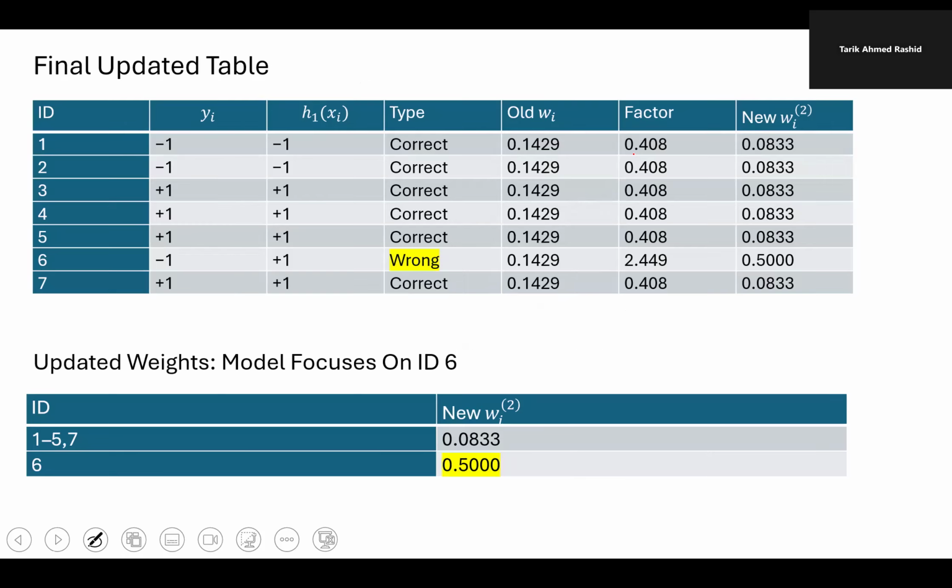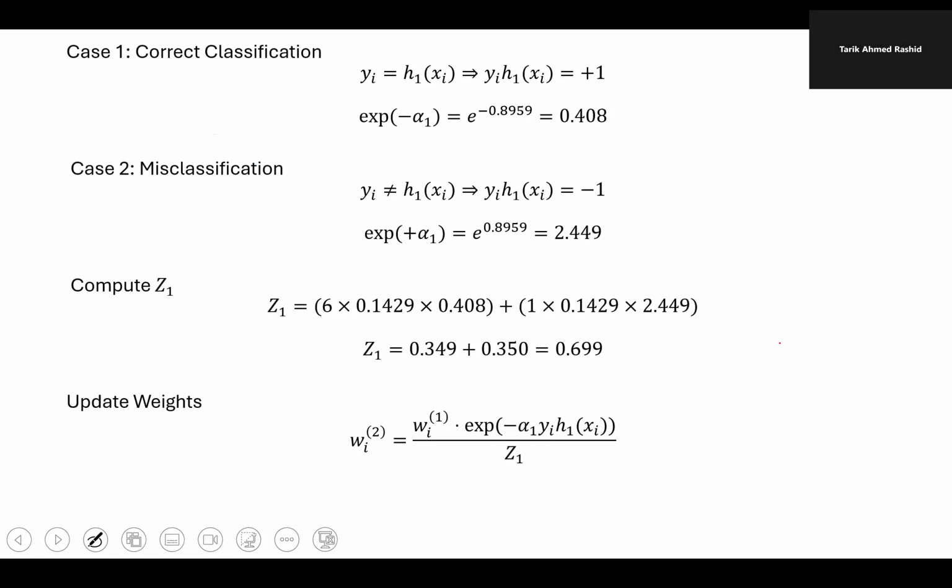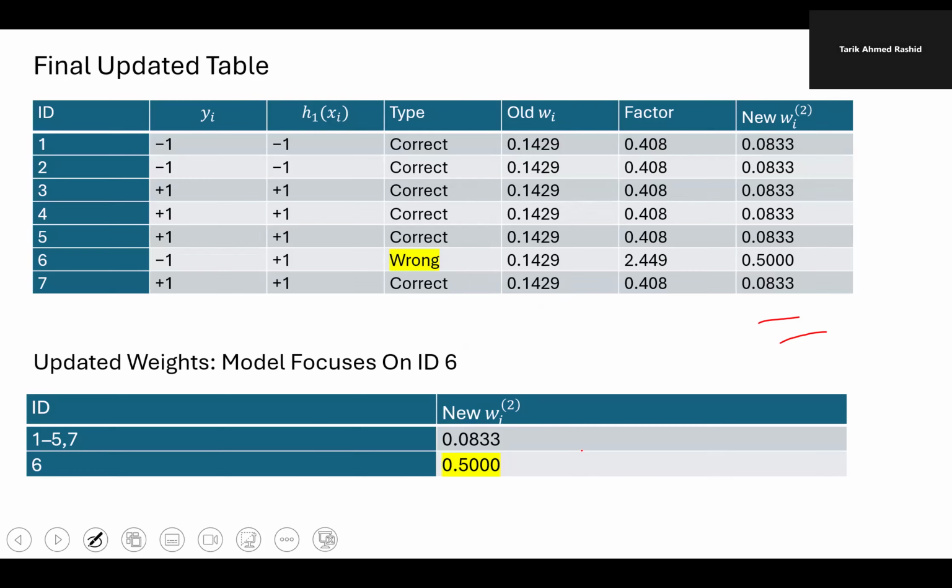So I will find the new weight through this equation. You have this, this, this, and this, so you'll find wi: weight 1, weight 2, weight 3, till weight 7, the 7 samples.